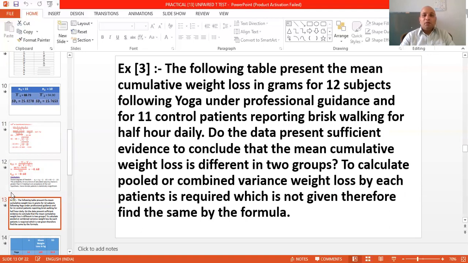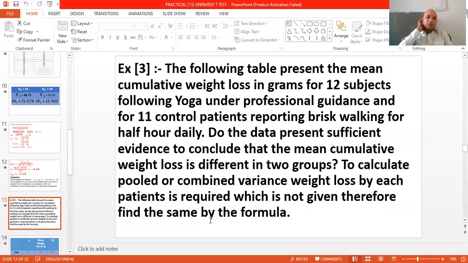Then example third. The following table presents the mean cumulative weight loss in kg for 12 subjects following yoga under professional guidance, and for 11 control patients reporting brisk walking for half an hour daily.